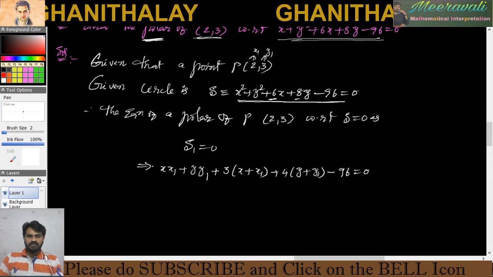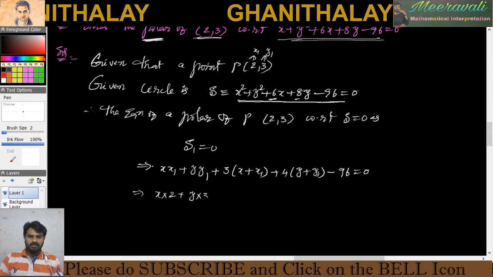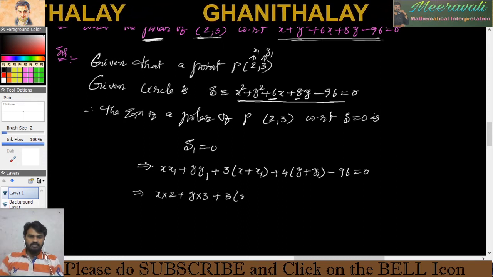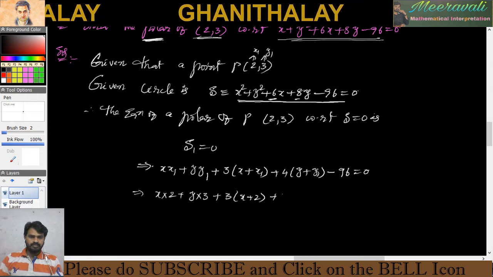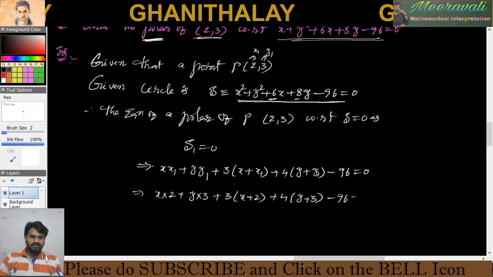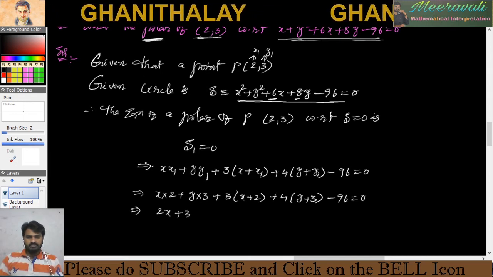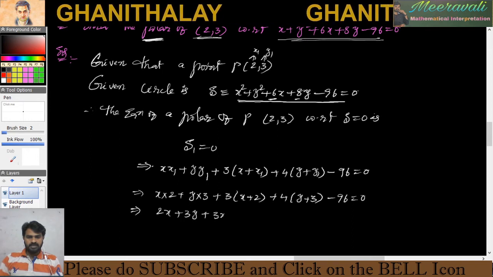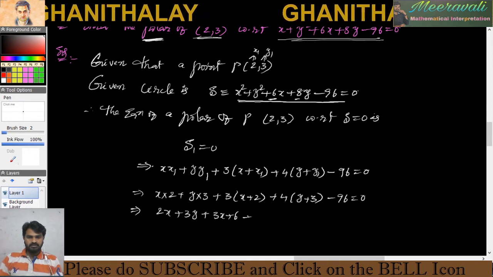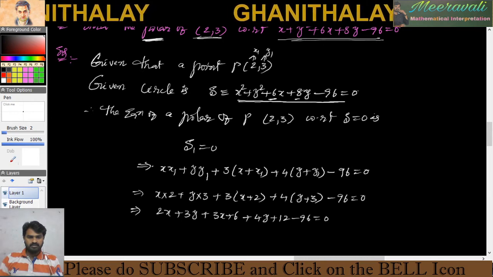Now x into 2 plus y into 3 plus 3 into x plus 2 plus 4 into y plus 3 minus 96 is equal to 0. Here 2x plus 3y plus 3x plus 6 plus 4y plus 12 minus 96 is equal to 0.